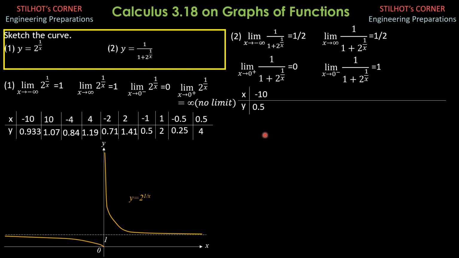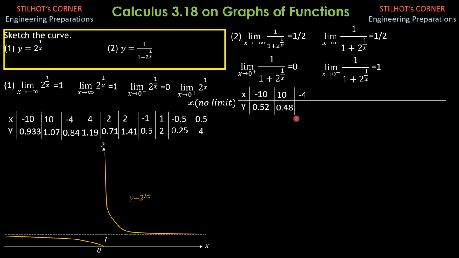So x is negative 10, substitute here, y is 0.52, positive 10, it's 0.48. So one is above 1 half, the other is below 1 half for positive values of x.